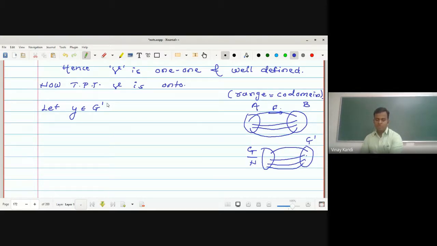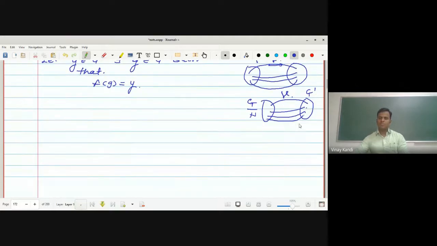So there exists g belonging to capital G such that f of g is equal to y. This is the function gamma, and this is the function f. f is the function from G to G dash. f is an onto homomorphism.